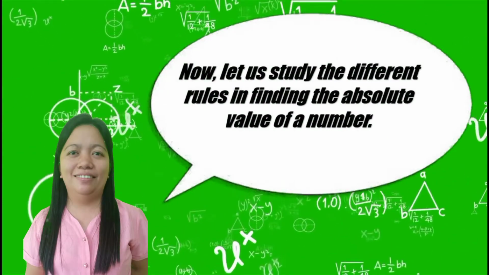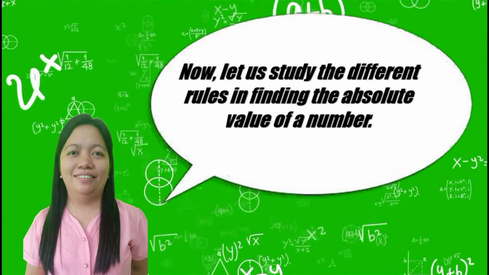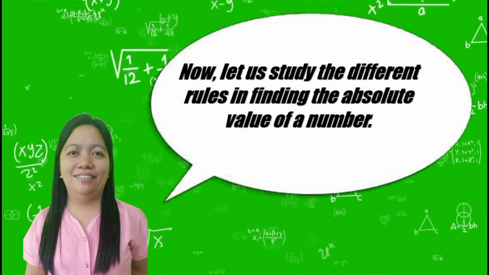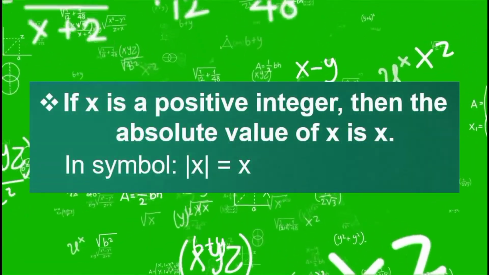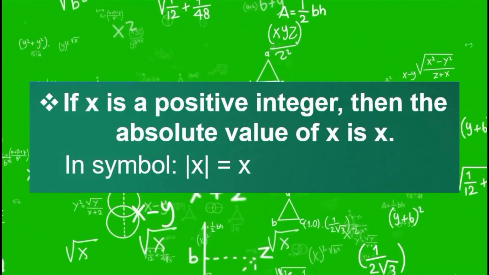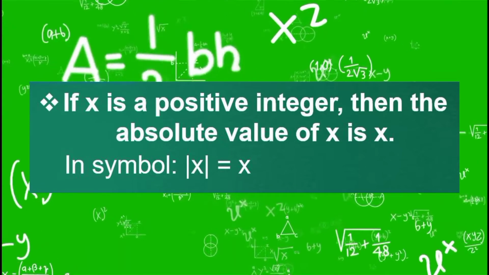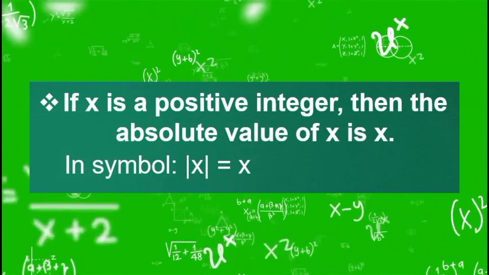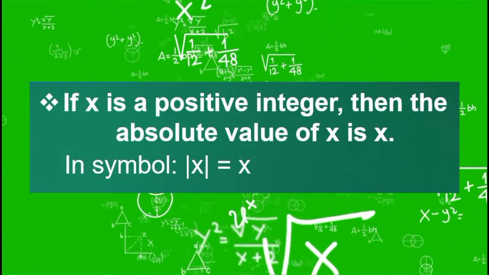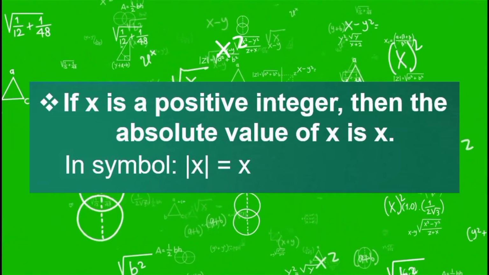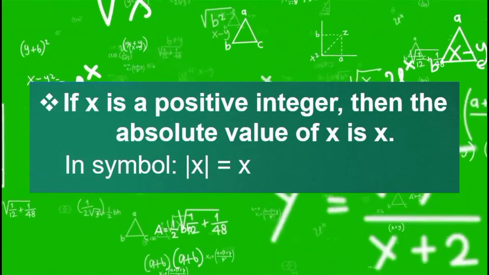Now, let us study the different rules in finding the absolute value of a number. First rule: if x is a positive integer, then the absolute value of x is positive. Therefore, the absolute value of x is positive x.